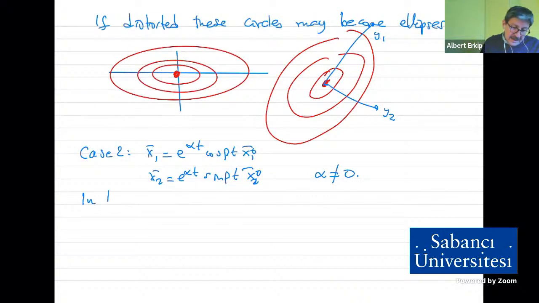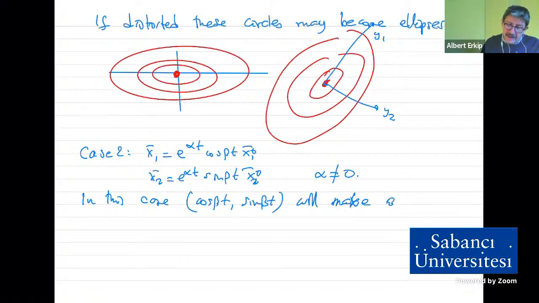Now, in this case, cos beta t, sine beta t times x0, 1 and x0, 2 will make an ellipse or a circle, depending on whether you have them or not.